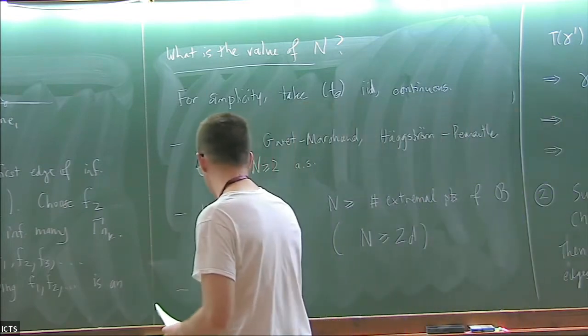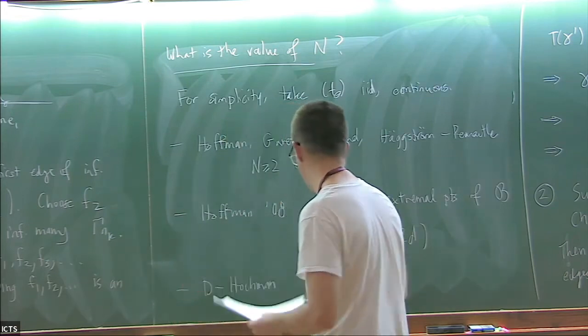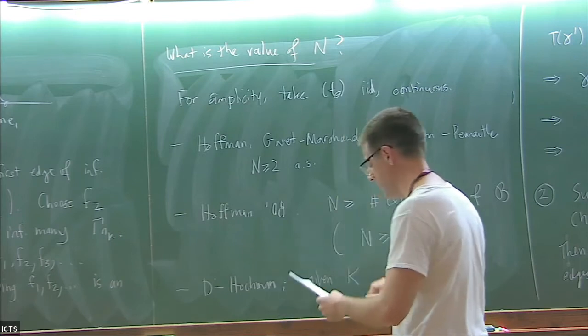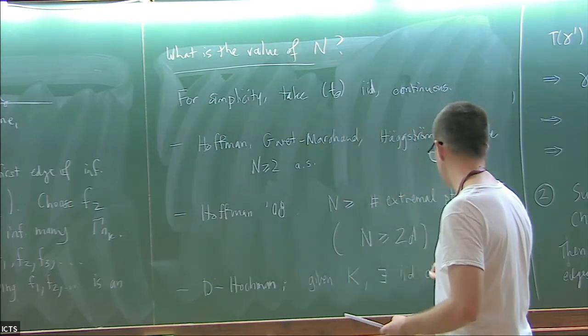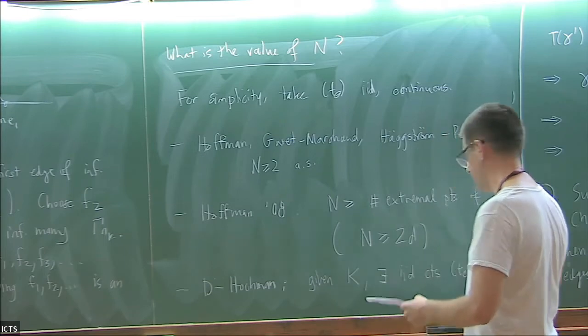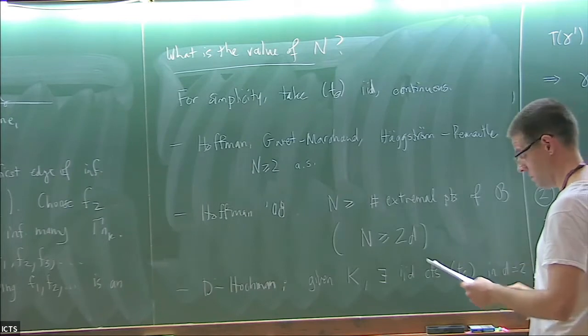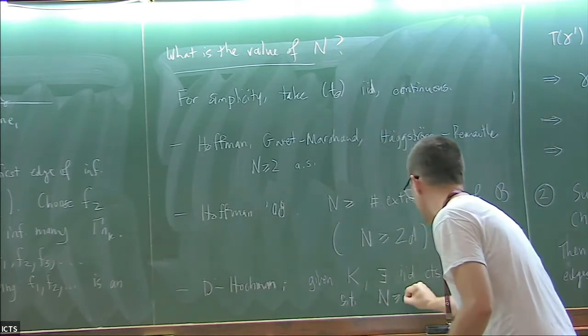So there's a result by me and Mike Hoffman. It states that given any number k, there exists an IID continuous distribution of TE in dimension 2 such that n is at least k almost surely.